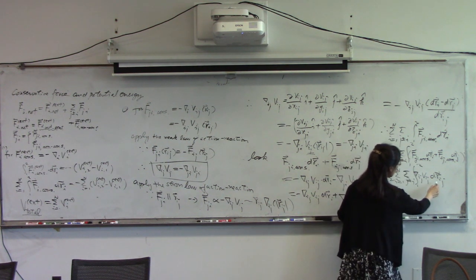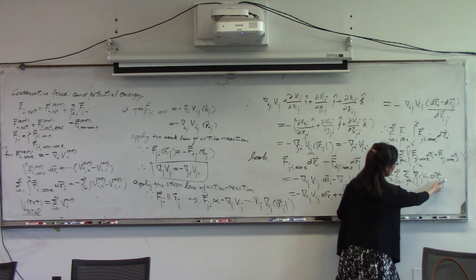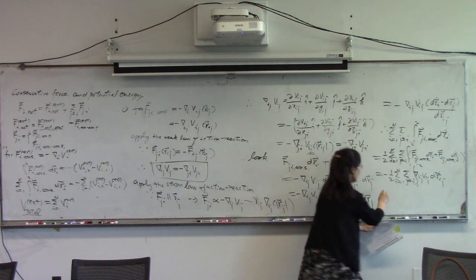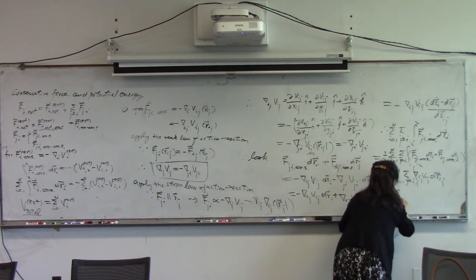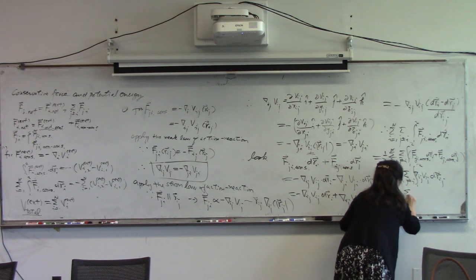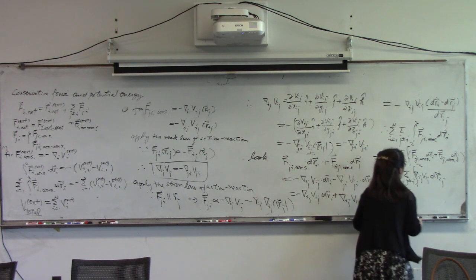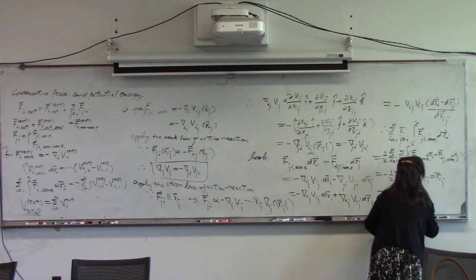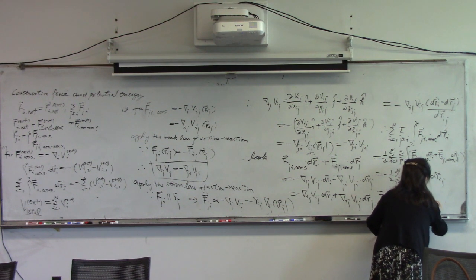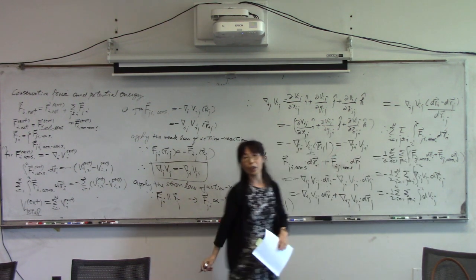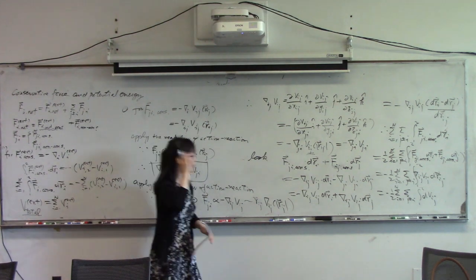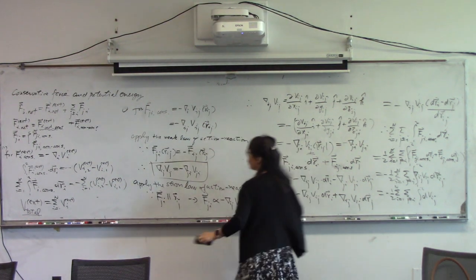Then you can see here, this is delta Ij drj, so they cancel, right? So now it is negative sum of i from 1 to n, j not equal to i, and the total from 1 to 2 of dVij. So that is the difference of this potential energy.